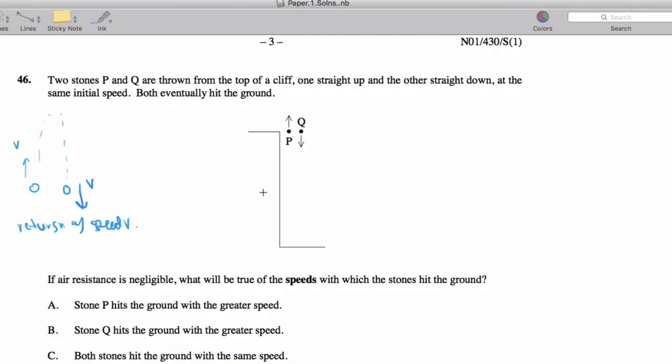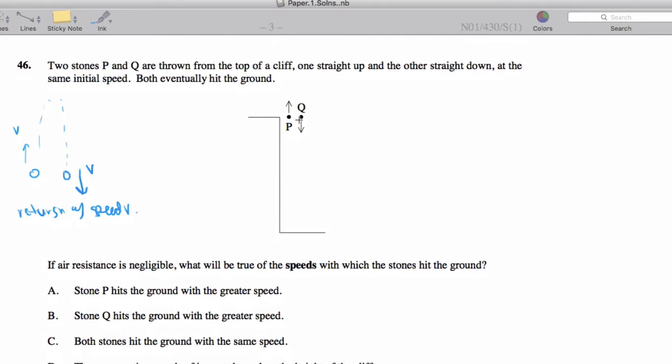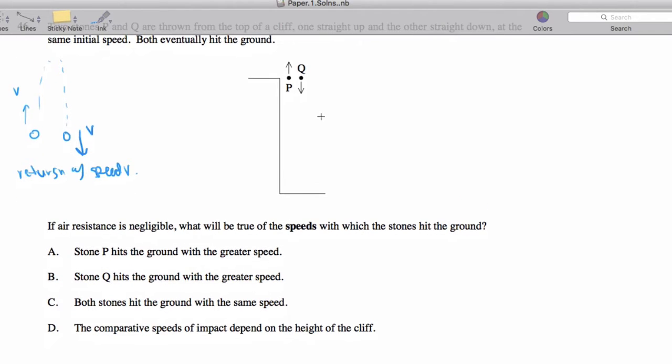So P may take a longer time to hit the ground. We're not interested in time, though. We're interested in just the speed. So they're going to hit the ground with the same speed, since P effectively turns into what Q does at a later time.